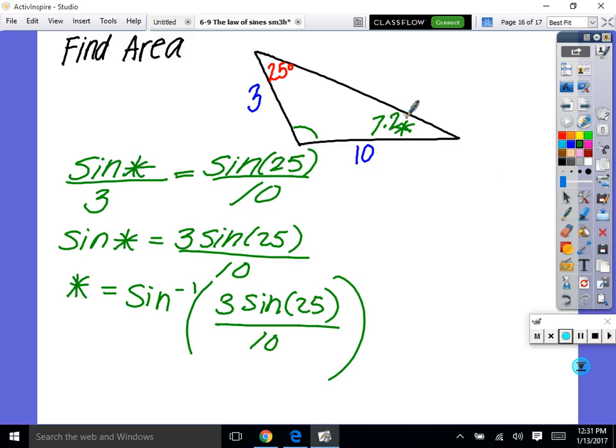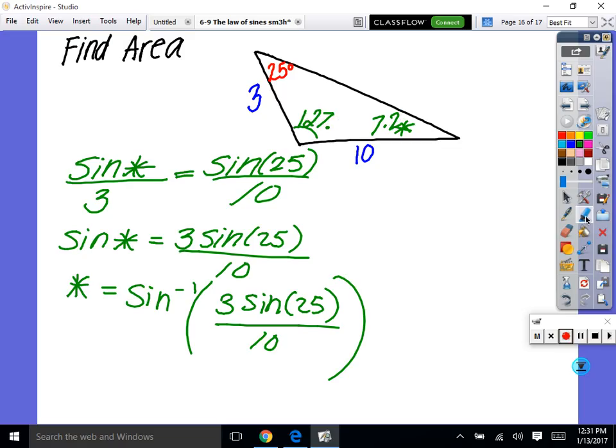7.2. Okay, cool. Now so that we can find the area, let's hurry and figure out that. So 180 minus that minus that. 127.1.